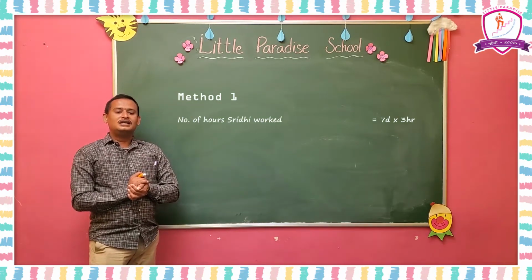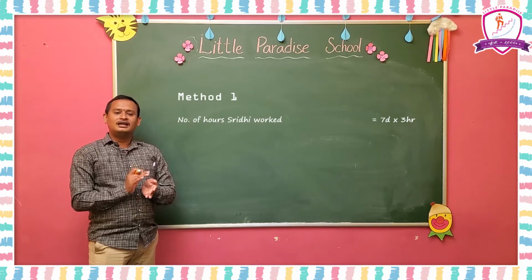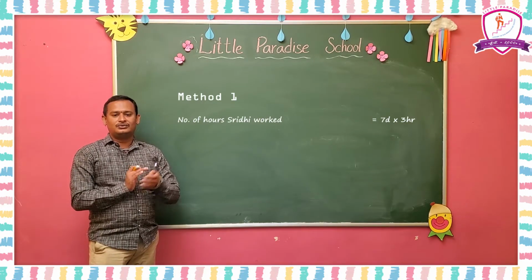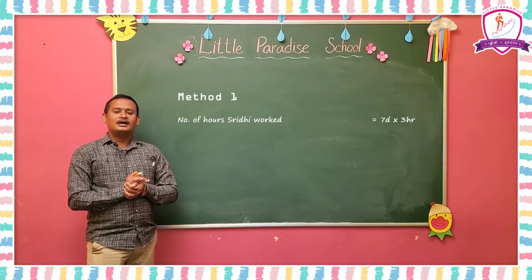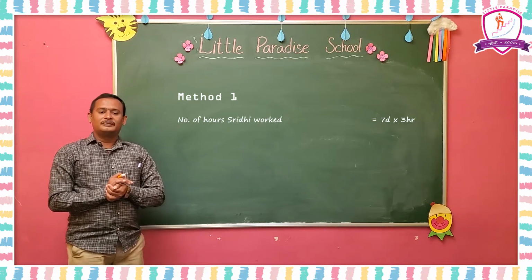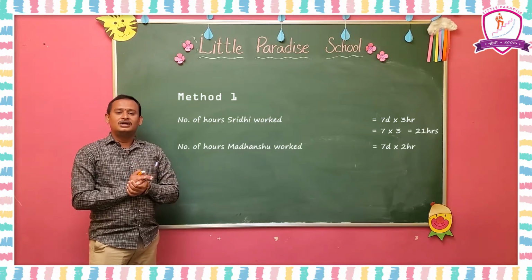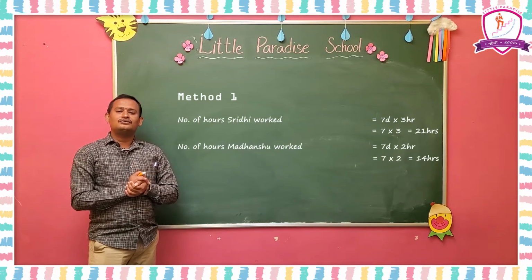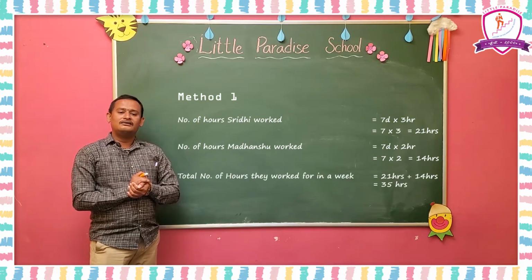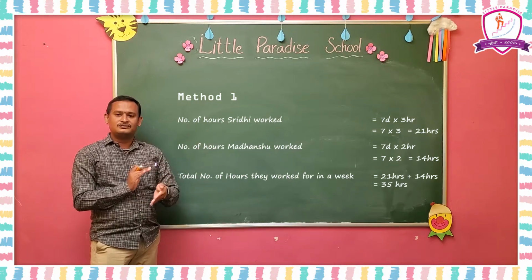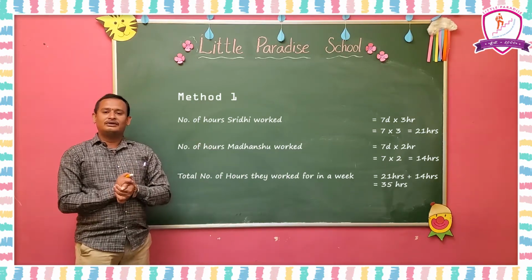So Sridhi works 7 into 3 hours, which is 21 hours in a week. Madanshu works 7 into 2 hours, which is 14 hours. In a week together they worked 21 hours plus 14 hours, which is 35 hours.